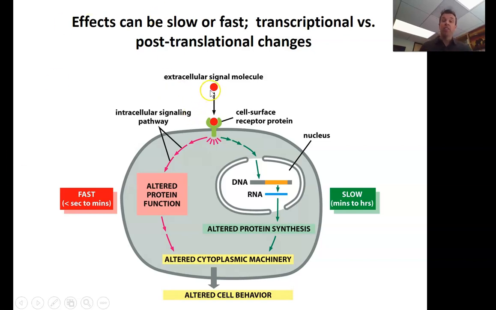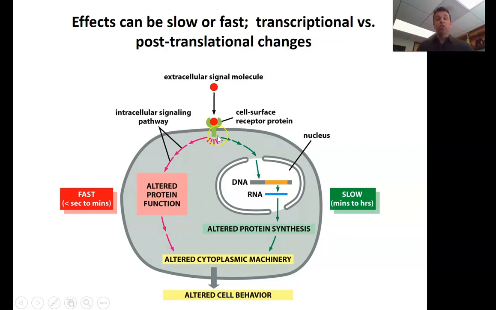And the change in environment in this case is the ligand binding the receptor, and that can activate a signaling cascade and then basically post-translationally modify a protein so that it's pretty much immediately on or off or whatever change was needed. This is almost an instantaneous change, and it can last for a little while, but it often is reset, as we'll find out in this chapter as well.